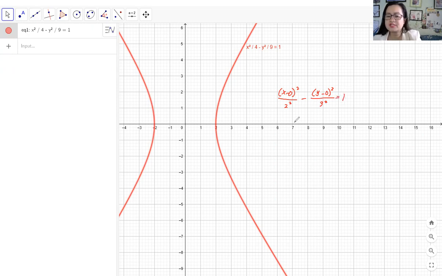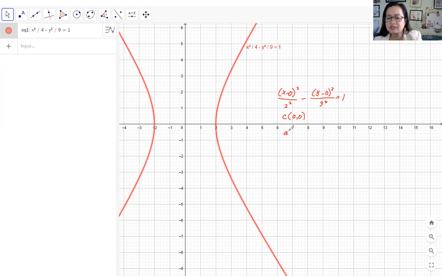So from the standard form of the equation of the given hyperbola, we can immediately determine that the center is at (0, 0). Then we have a equal to 2.